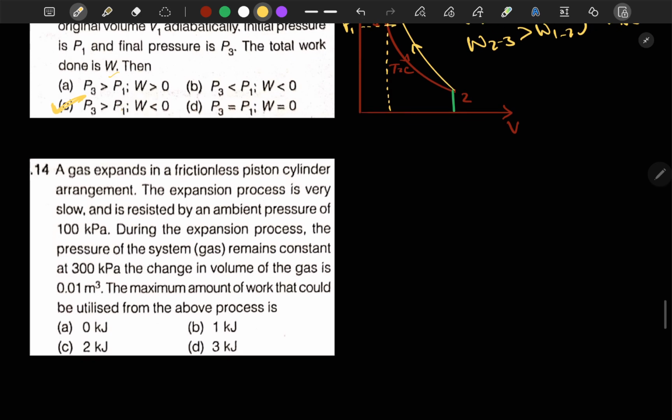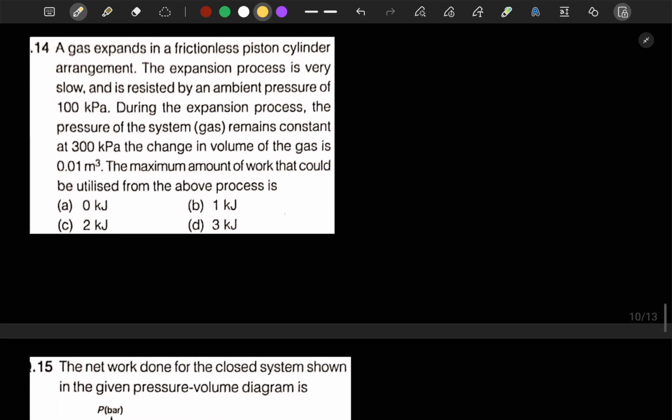Okay, next we will move to question number 14. A gas expands in a frictionless piston cylinder arrangement. Okay, the gas expands, we should remember this. The expansion process is very slow. It means quasi-static, and is restricted by ambient pressure of 100 kilopascal.